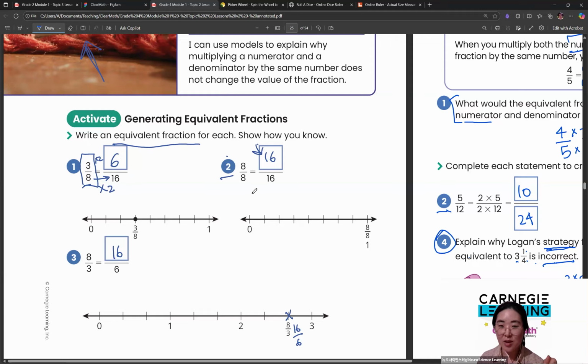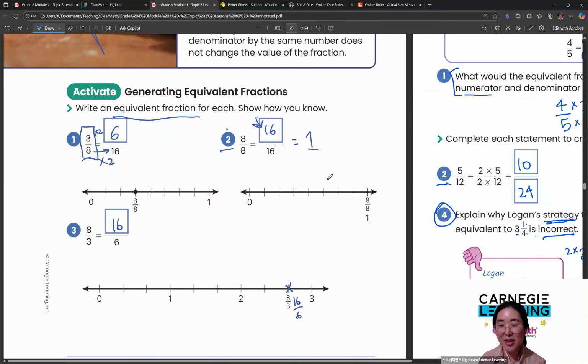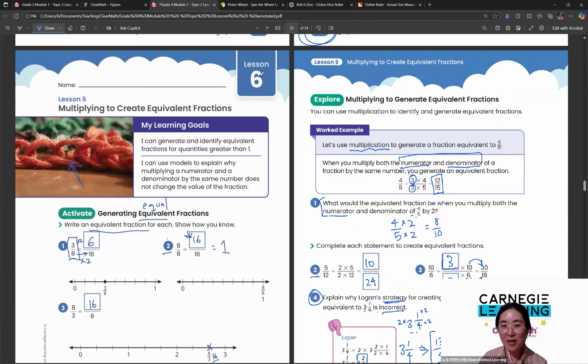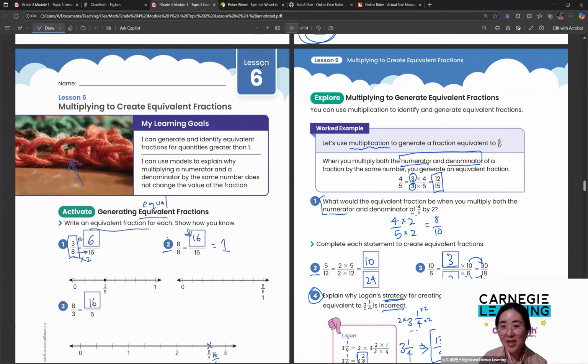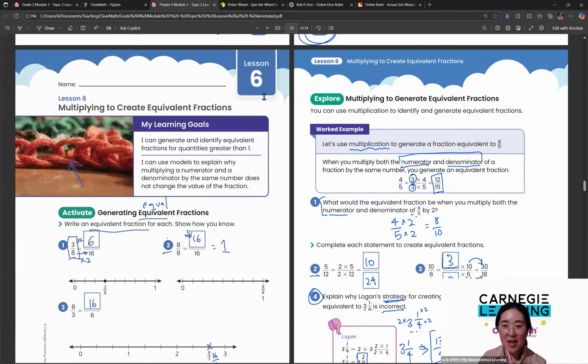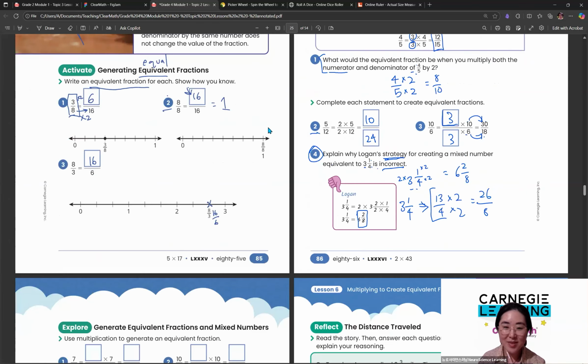And similarly, 8 over 8 is the same as 16 over 16. So this is just one whole, right? So equivalent means that it's equal. So we're going to learn about that in lesson 6. Today we're going to start at a later lesson though.